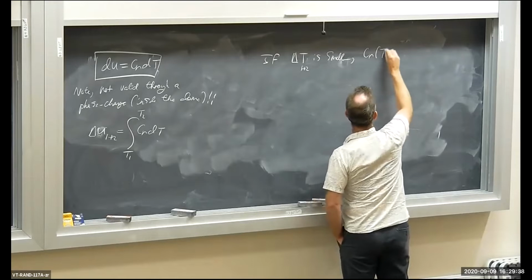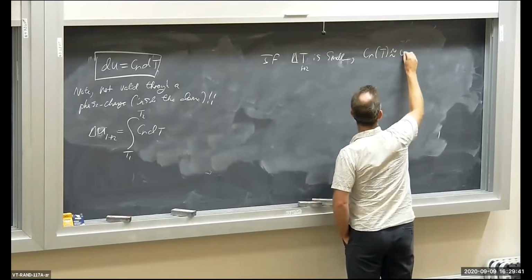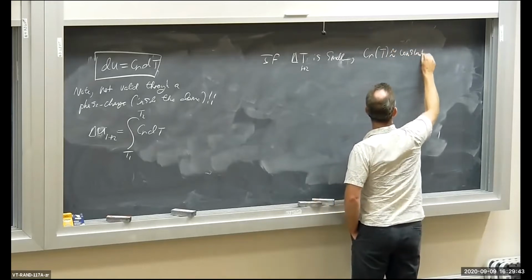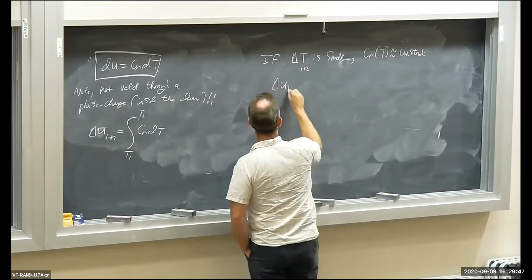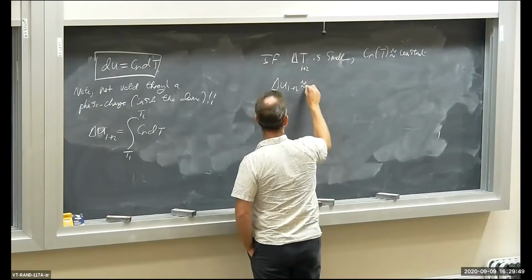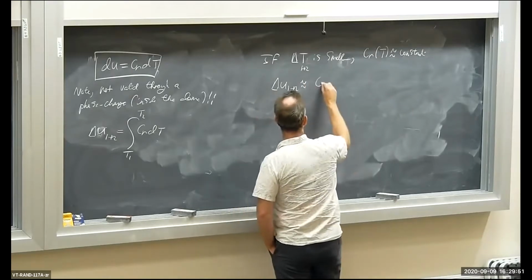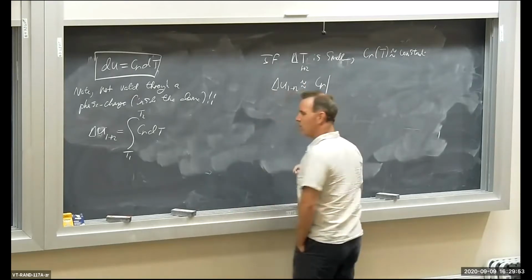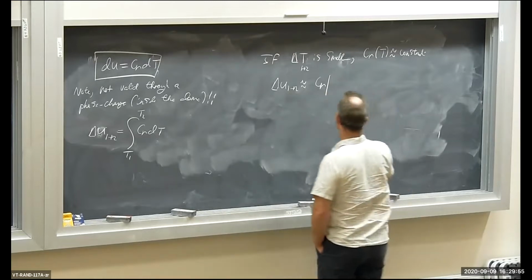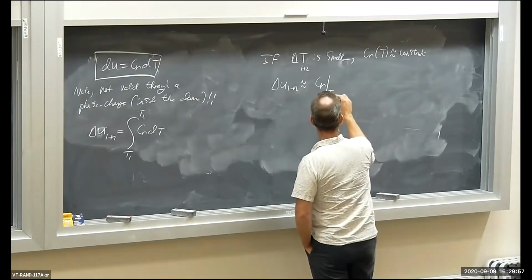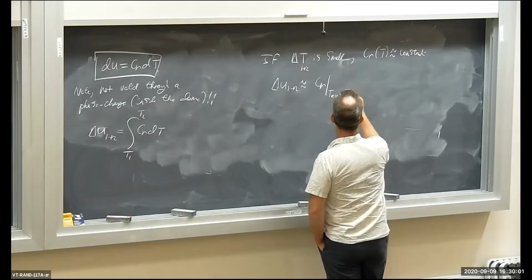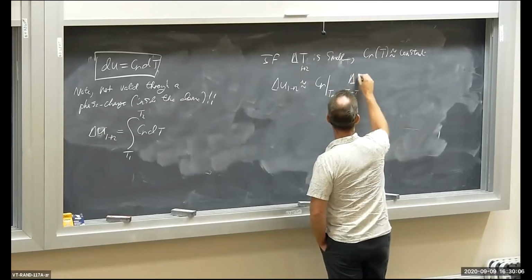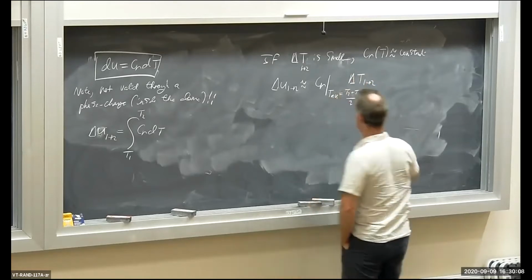CV, which is a function of T, is approximately equal to a constant. And so delta U from 1 to 2 is approximately equal to CV, evaluated at some average temperature, T2 plus T1 over 2, times delta T from 1 to 2.